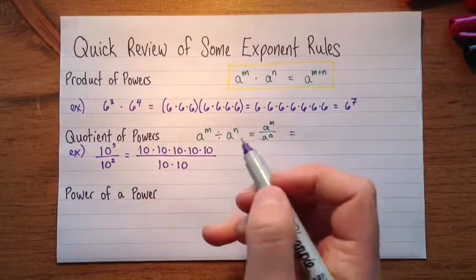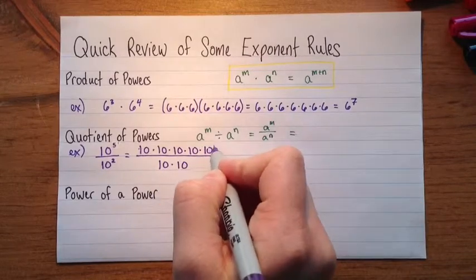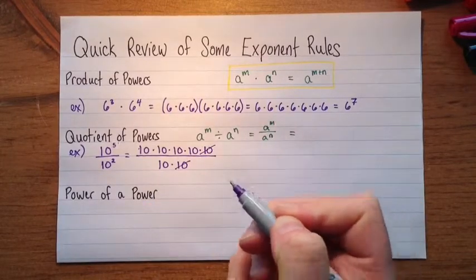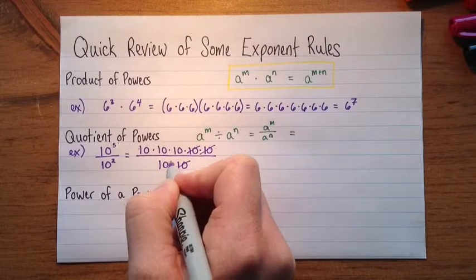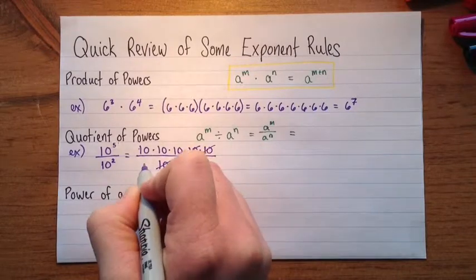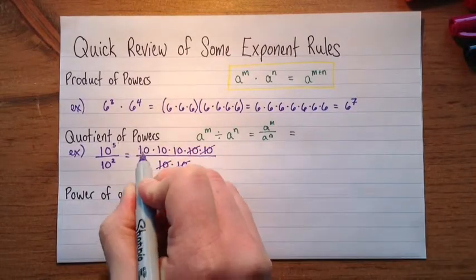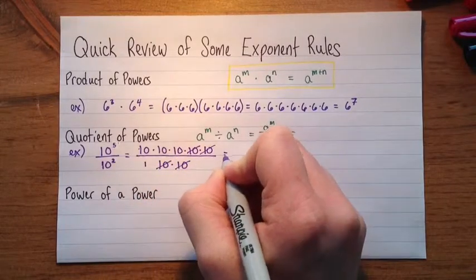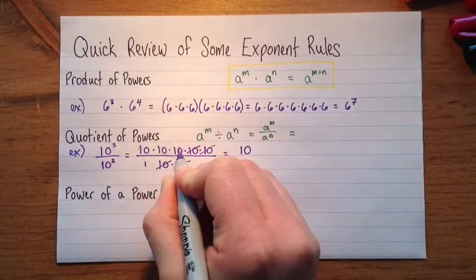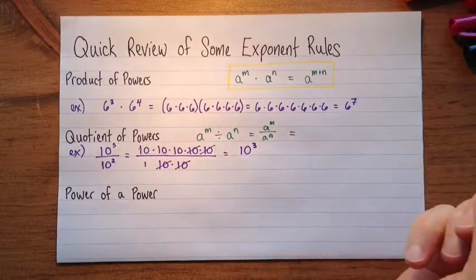the numerator and the denominator, by the same numbers. For example, we could divide by 10, and we'd lose those 2 10s, and then we could divide by 10 again. And then we just have 1 left on the denominator. So what this leaves us with is 10 cubed, or 10 to the exponent 3.